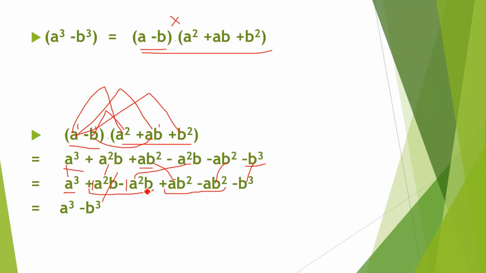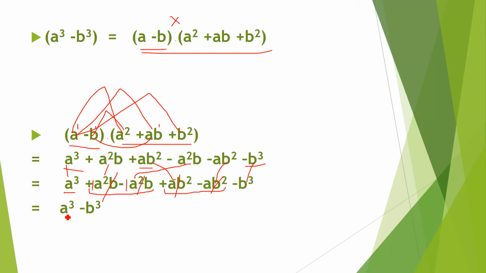So they cancel the effect of each other. Similarly, this is positive ab square and this is negative ab square, exactly the same. That is why we will cancel them out. Suppose if it were a square b and ab, we would not cancel out. They should have everything the same, ab square with the opposite sign, so they cancel out.